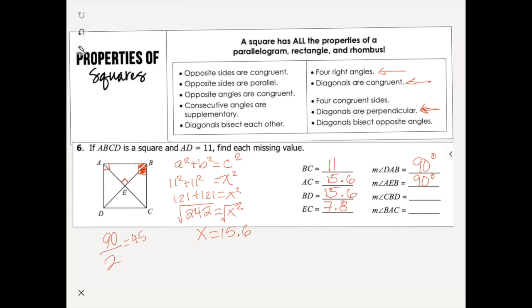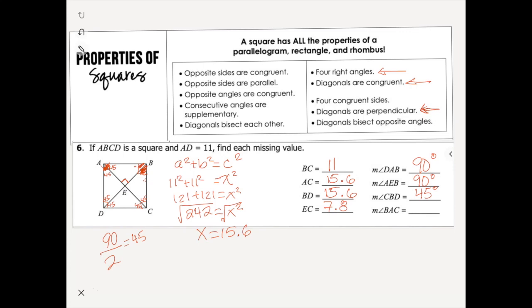So that means each of these in the square is 45 degrees. So CBD is 45 degrees, and then BAC, the same thing applies. This has to be 45. In fact, all of these are 45, because this whole thing has to be 90.